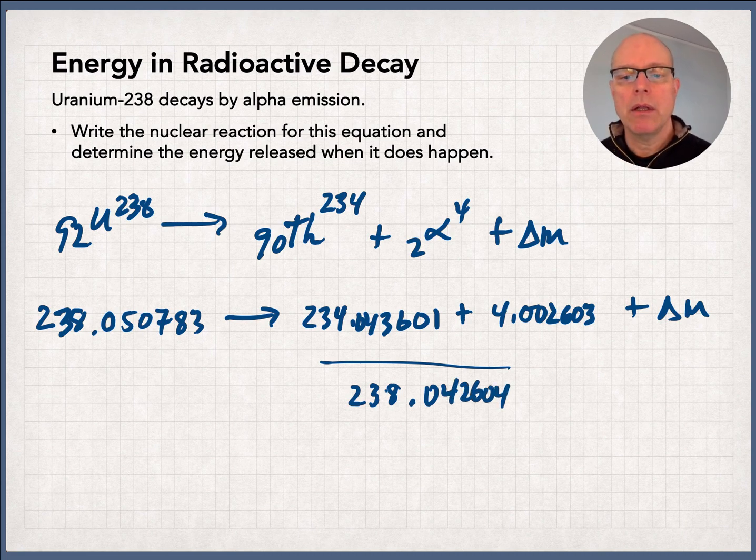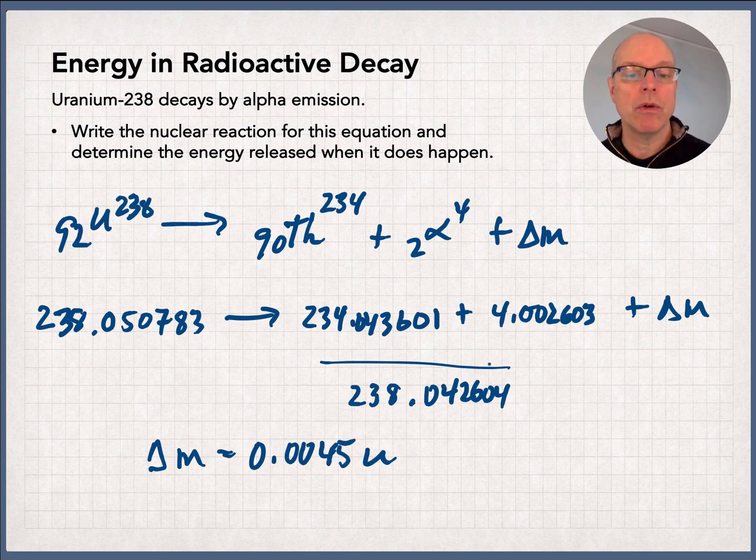You can see that there is some missing mass, so the right side is a little light compared to the left side. What nature's going to do is get happy. Mass got lost, which means energy's going to get delivered. Delta M is just the difference between those two, and that turns out to be kind of small, 0.0045 of these atomic mass units we've been working in.